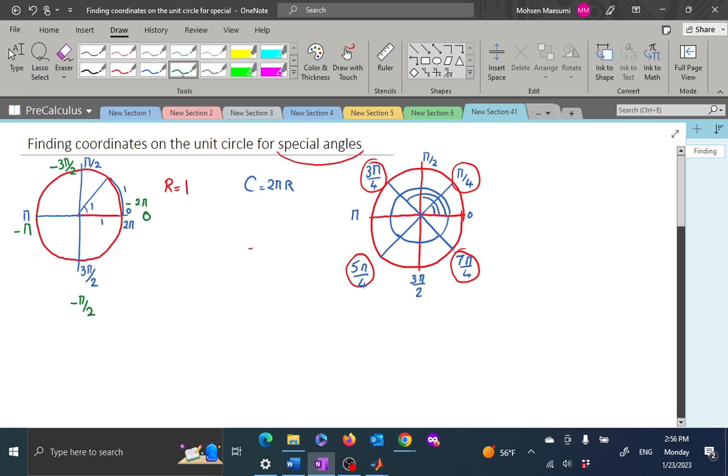In this picture, if I go in this direction, I will arrive at minus pi over 4 here, minus 3 pi over 4 will be here. Again, this is 1, 2, and 3, and the negative direction makes minus 3 pi over 4. This becomes minus 5 pi over 4, and this becomes minus 7 pi over 4.